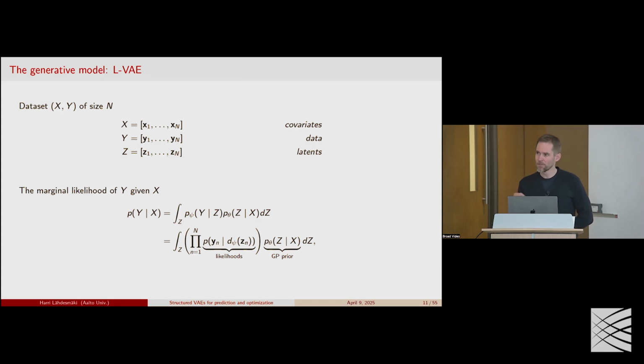So we can choose the parameters and hyperparameters so that the marginal likelihood is maximized. And exactly the same way as for the standard models, we just integrate out the latent variables to get the marginal likelihood. The only difference here is that while the likelihood term factorizes, the prior does not, because we have constructed it in a way that it captures the correlations that we want to model.